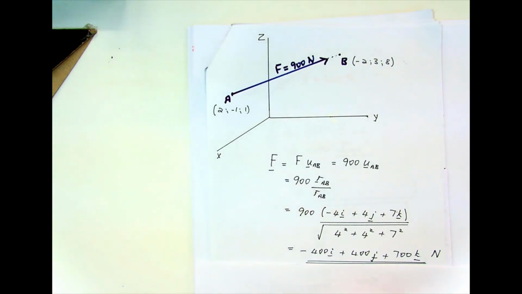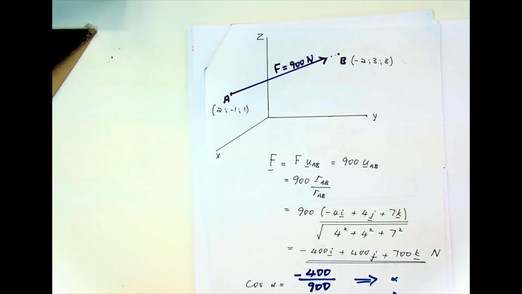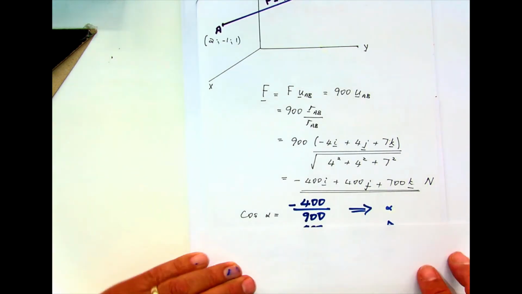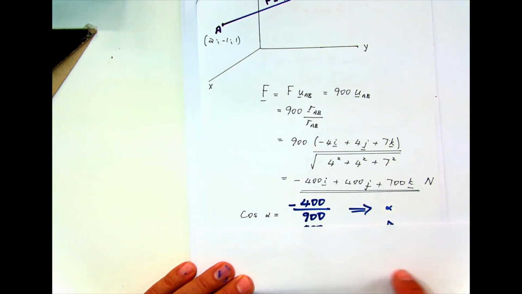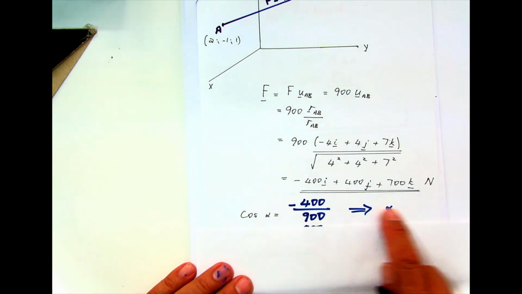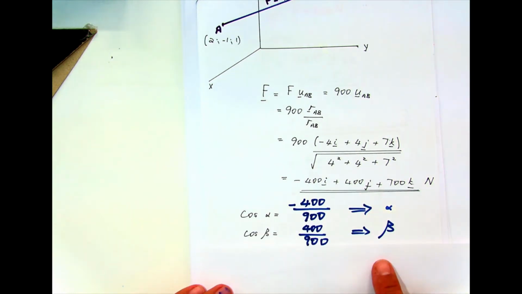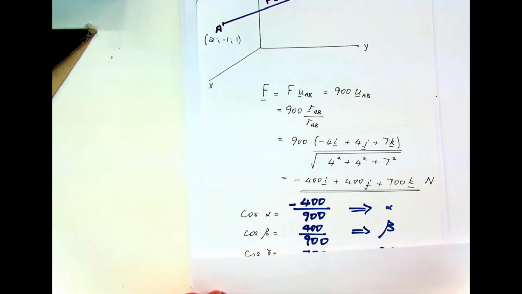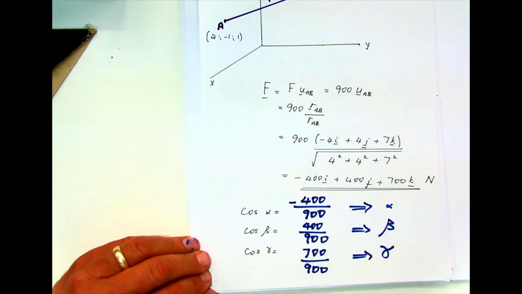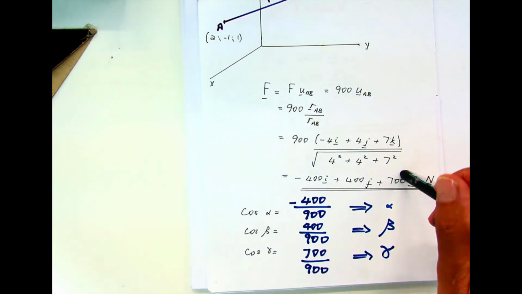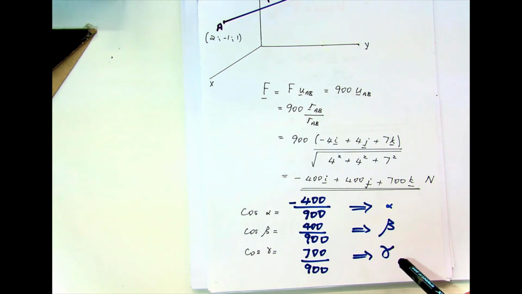So here the cos of alpha will be minus 400 divided by the magnitude. And that will give you alpha. The minus is important here. The other one is 400 over 900, that will give you beta, and the final one is 700 over 900, that will give you gamma.